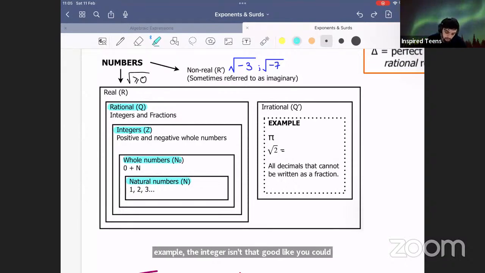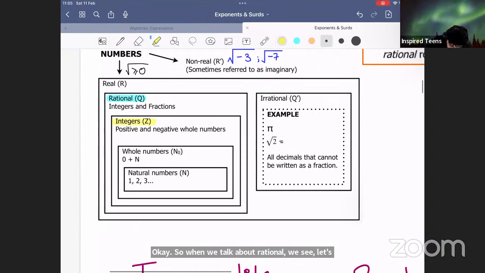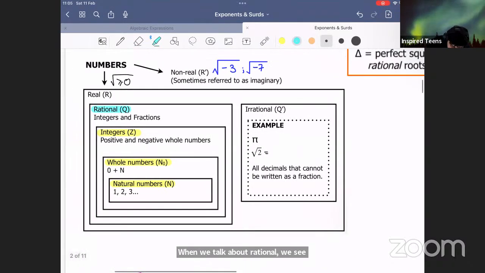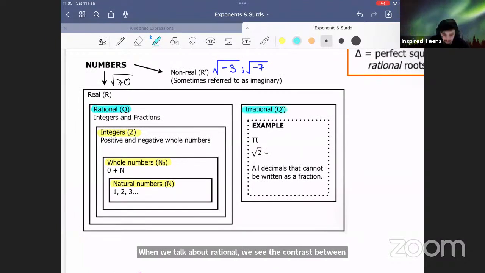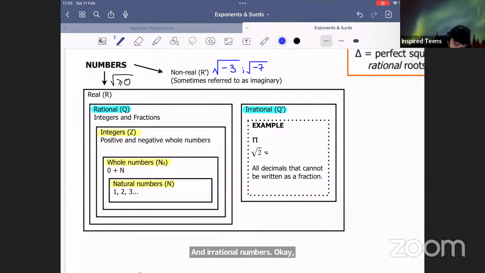When we talk about rational, we see the contrast between rational numbers and irrational numbers. The difference is that rational numbers can be expressed as fractions.